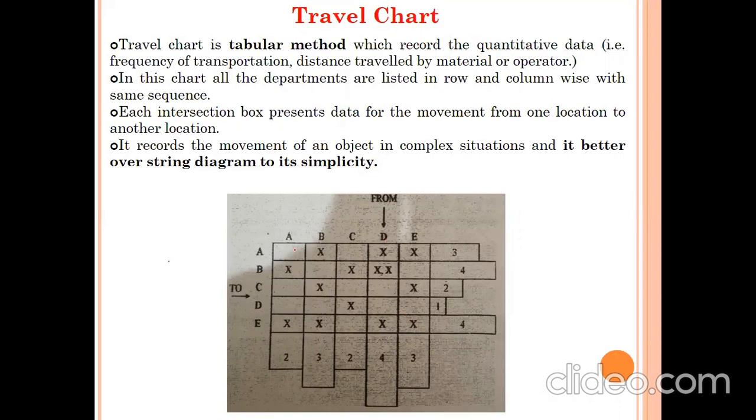Then from D machine to A machine, there is a traveling of the job. From E machine to A machine, there is a traveling of the job. So for A machine, 3 jobs are received, and these 3 jobs are from B, D, E. So I will write here 3. That means to machine A, 3 jobs are received.